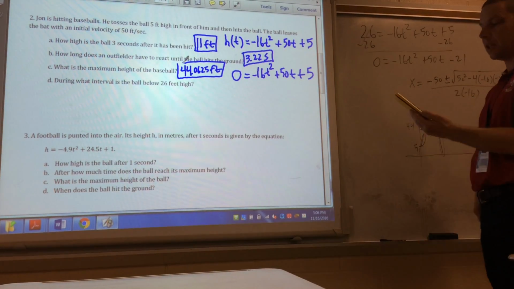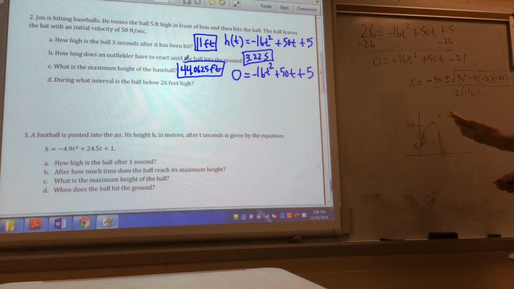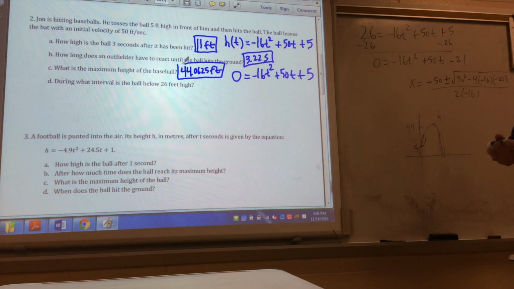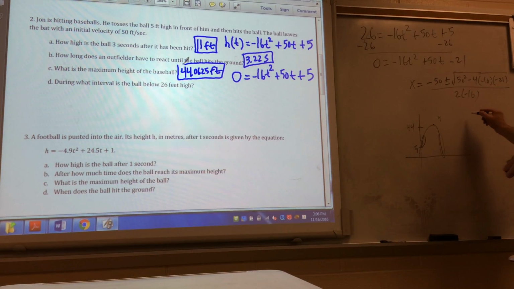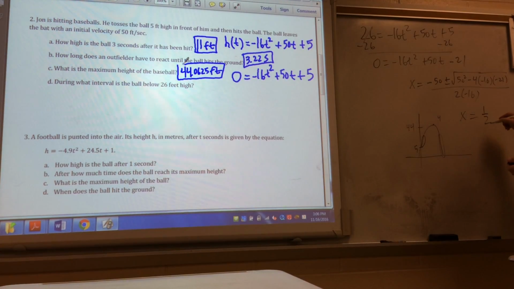Okay, and what does the first answer give us? It's actually semi-nice. What is the first answer? 1/2. That's correct. So the first answer is 1/2 or 0.5.